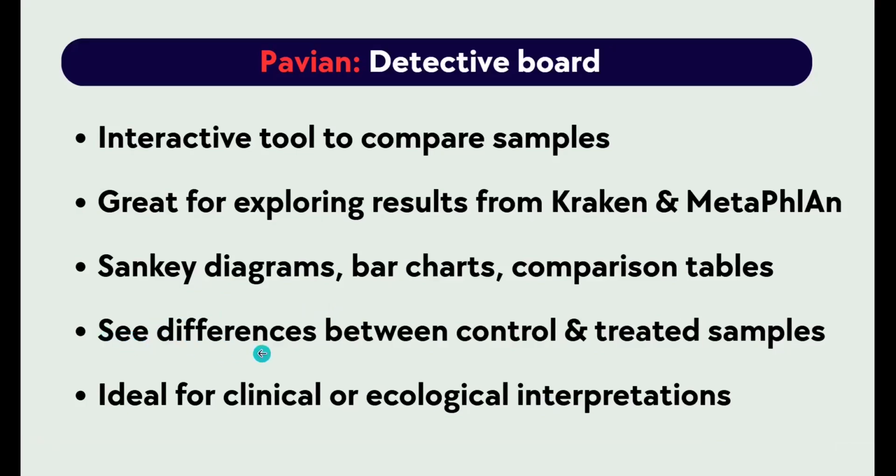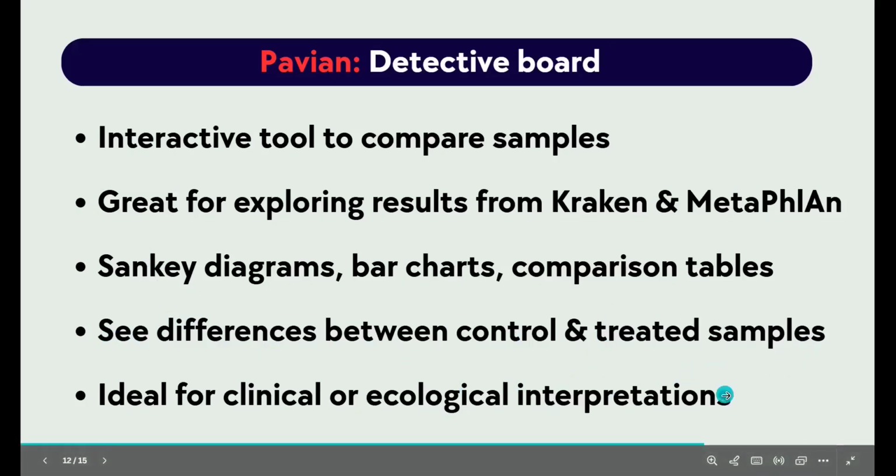The fourth point is based on the third. It just tells us that Pavian helps us see the differences between the control and treated sample, and that's what we have already mentioned. And the last point, it says that Pavian is ideal for clinical or ecological interpretations.